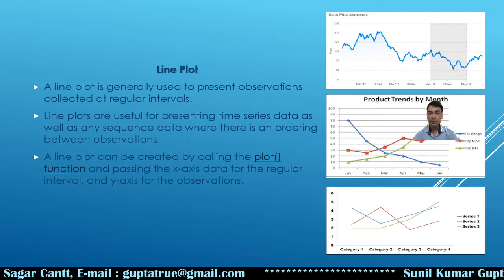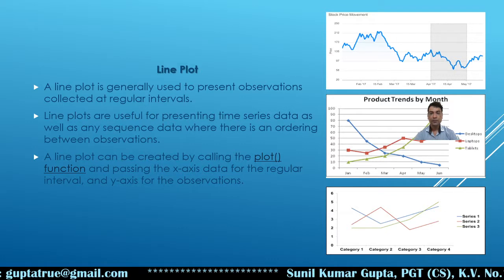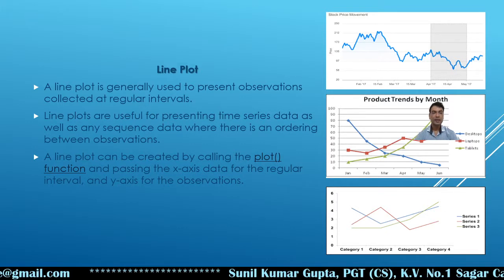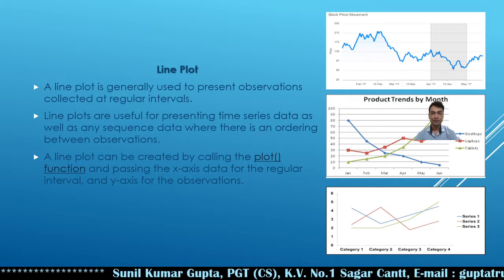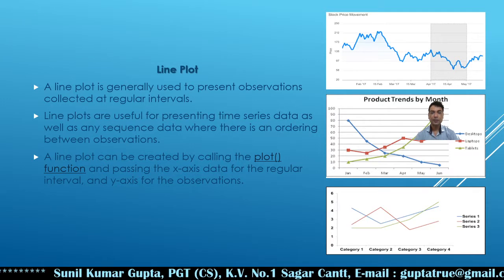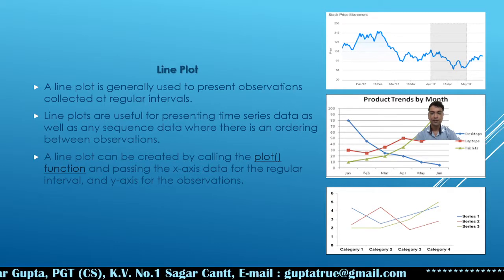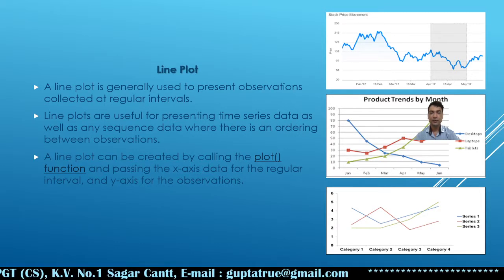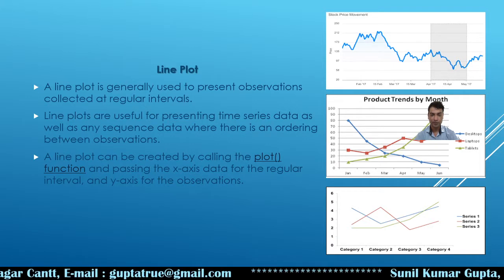A line plot is generally used to present observations collected at regular intervals of time. This line plot can be designed using the plot function, so we will discuss the plot function under matplotlib.pyplot.